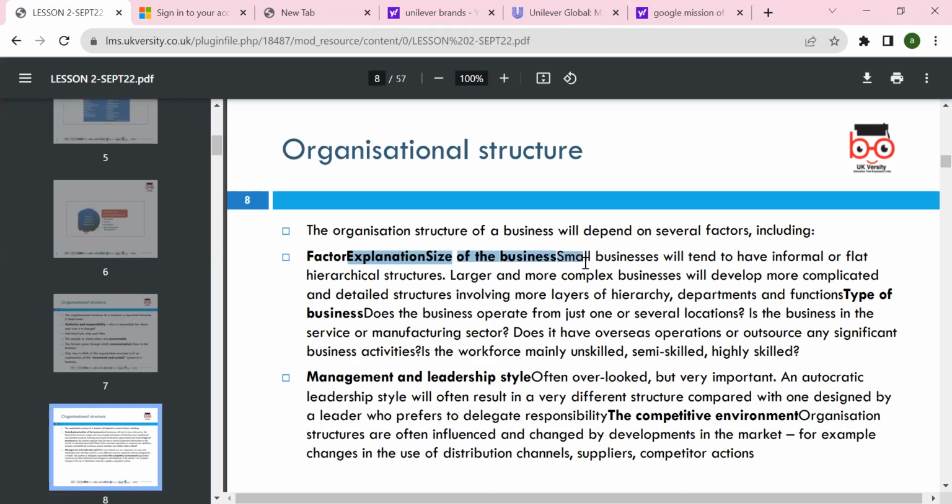Some have more skills, some less. Management and leadership are often important, with different styles. We can be an autocratic leader, more like in the army, or, where people's sentiment matters, a democratic style. And we look at the competitive environment, the structural influences and changes to developments in the market. For example, changes in the size of the distribution channel, suppliers and competitors, all of which we need to be looking at.